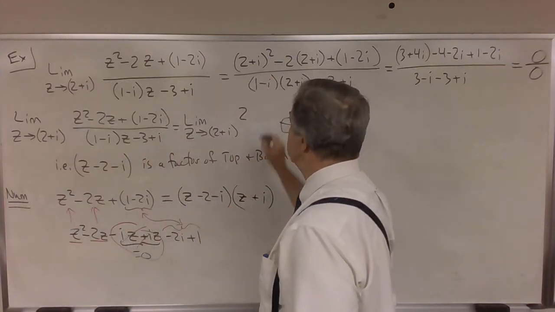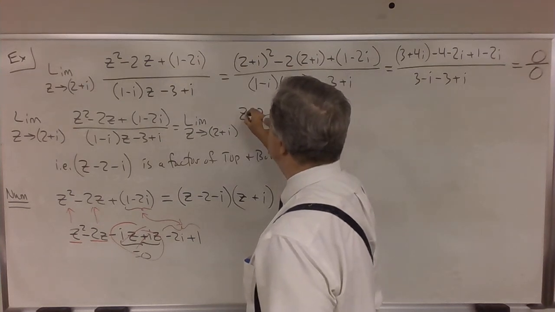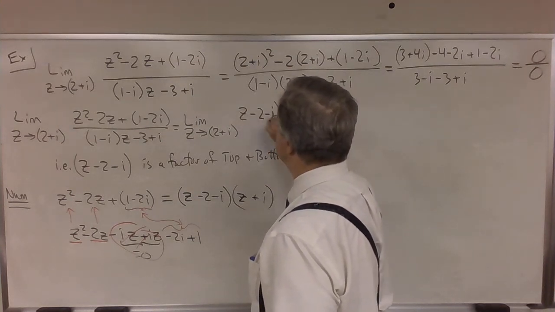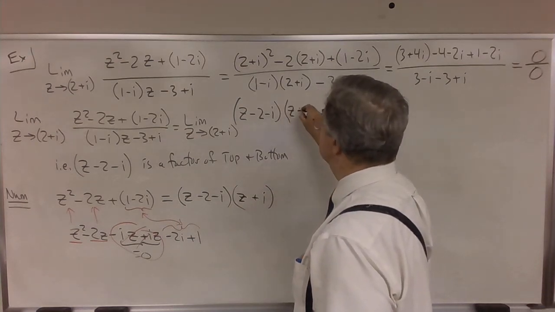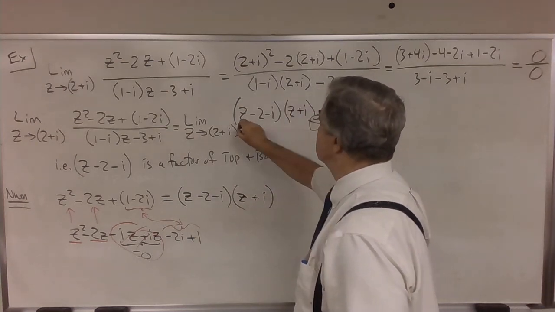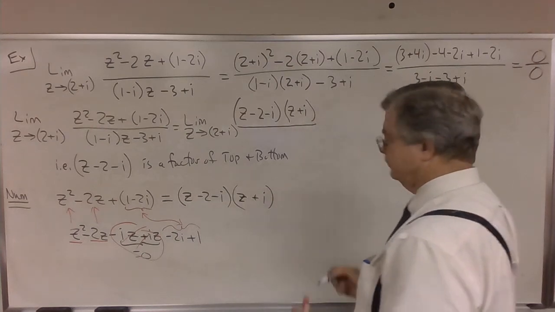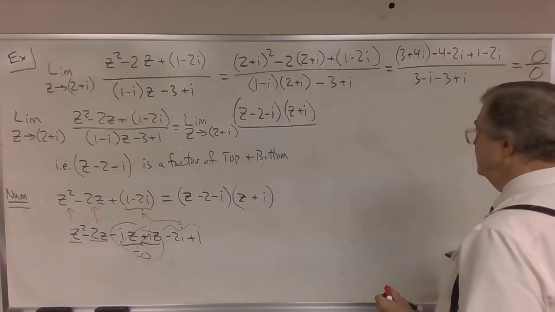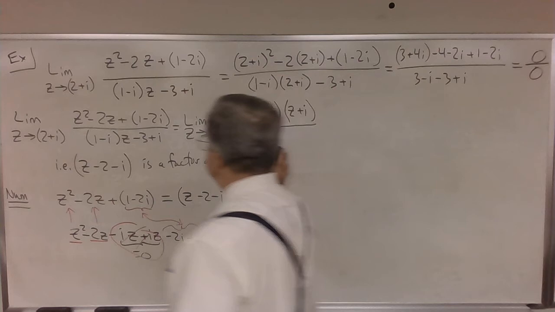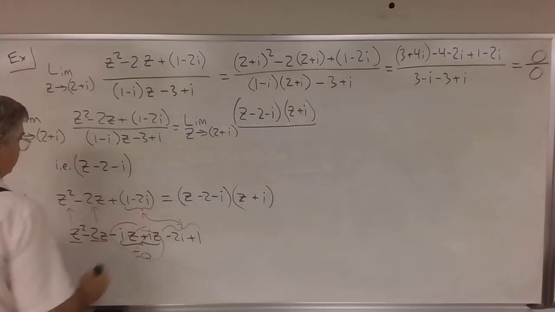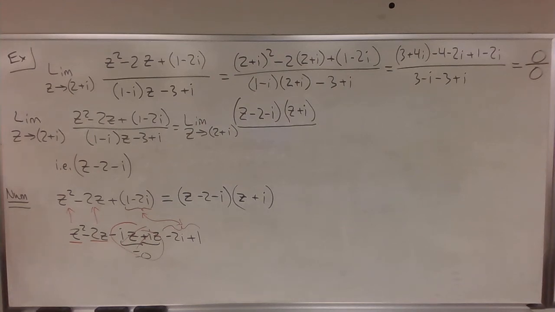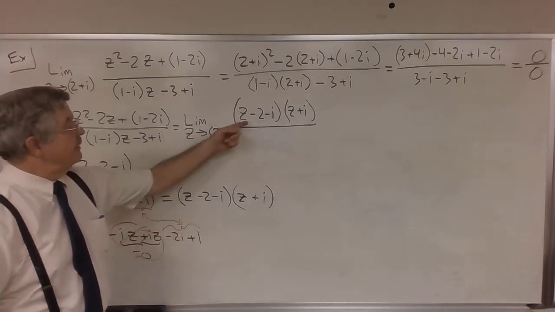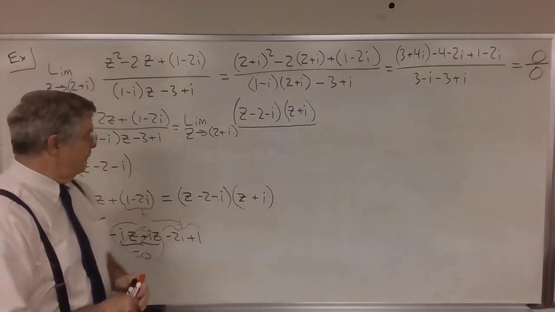z minus 2 minus i, z plus i, so I can erase this. And I have how the top factors. Okay.